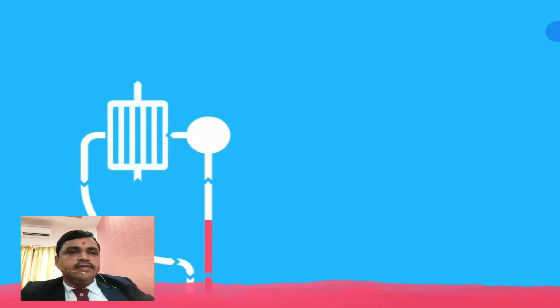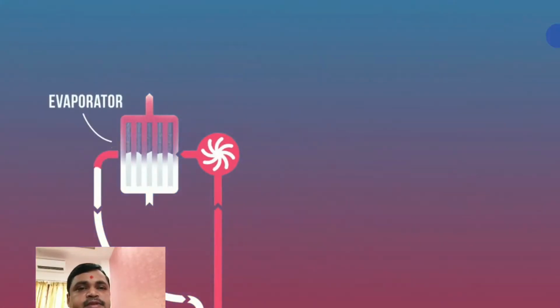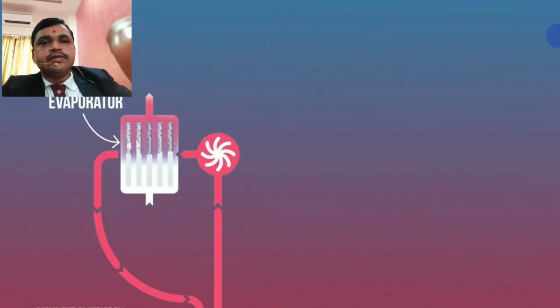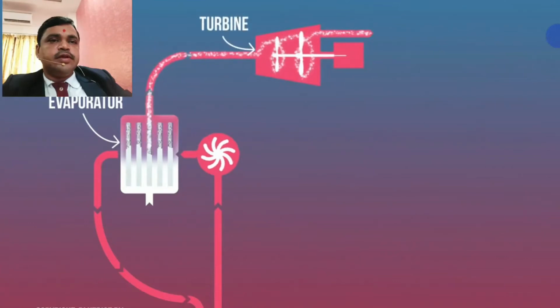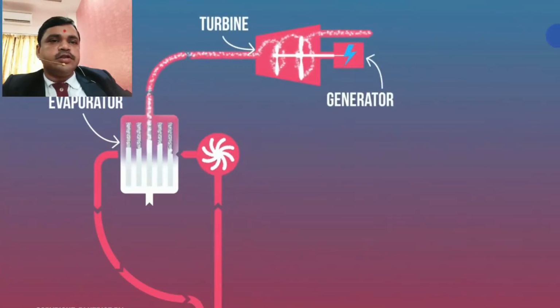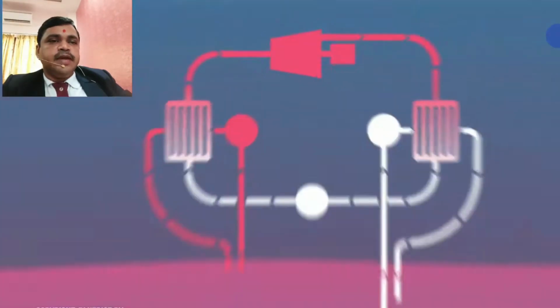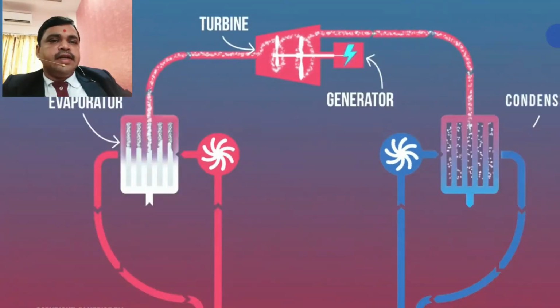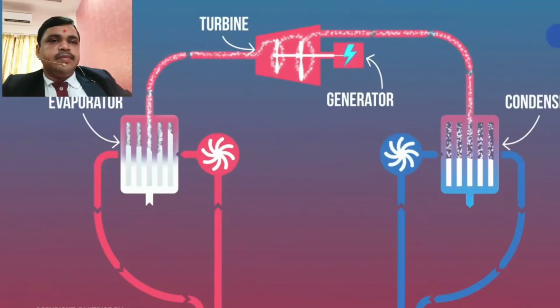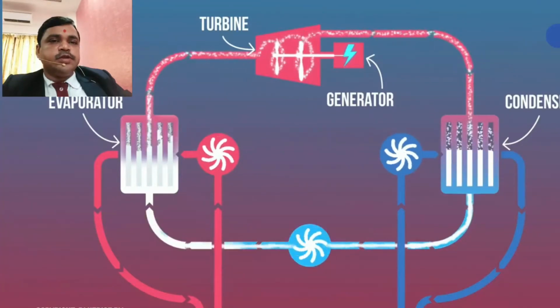Surface water and 1000 meter depth. Deep water is cold and surface water is hot. This type of mechanism is developed at 100 degrees temperature depth where we get cold water.